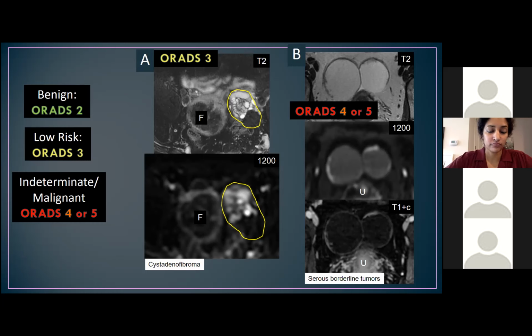O-RADS 4 and 5, in the 4 category, a lot of those lesions will also get followed or sent to gyn-onc. So you have the option in O-RADS 4 to either follow it with MR or send it to gyn-onc. That's, again, totally dependent on your gynecological colleagues. So you need to reach out and figure out what the gynecologists want with some of these lesions.